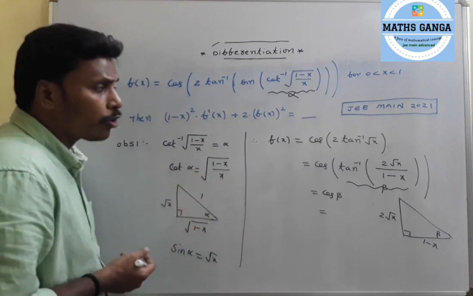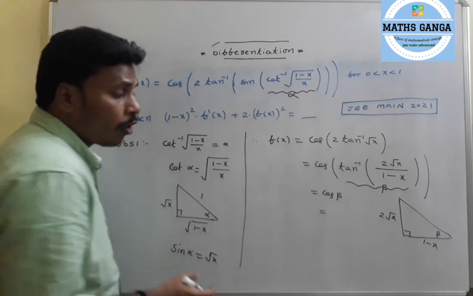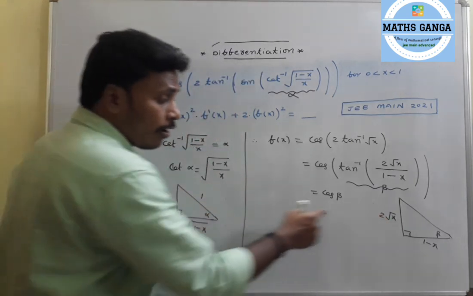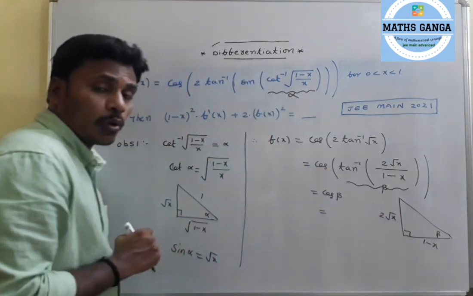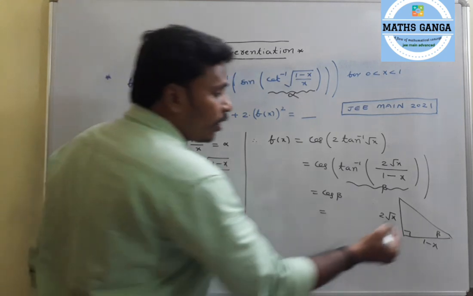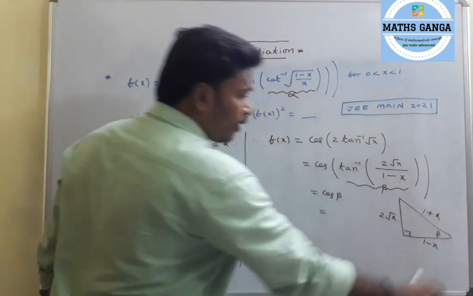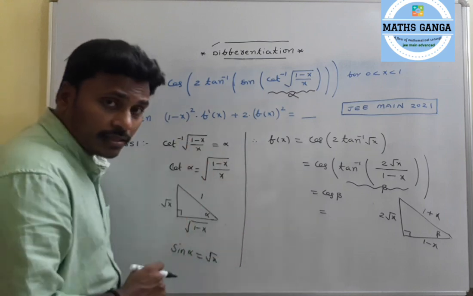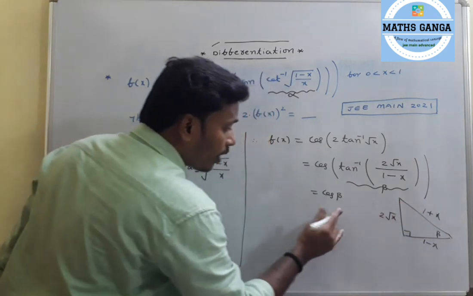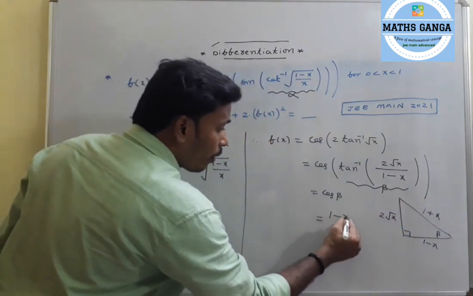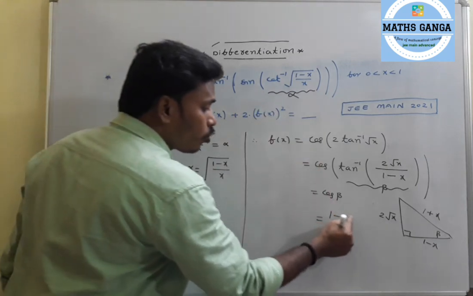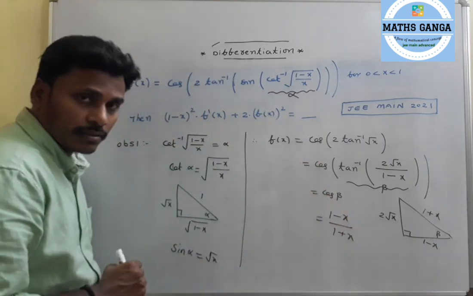Then for the hypotenuse, square root of (2 root x) whole square, which is 4x, plus (1 minus x) whole square. (1 minus x) whole square plus 4x is (1 plus x) whole square, so it becomes 1 plus x. Cos beta is adjacent by hypotenuse, which equals (1 minus x) by (1 plus x). Finally, f of x is equals to (1 minus x) by (1 plus x).